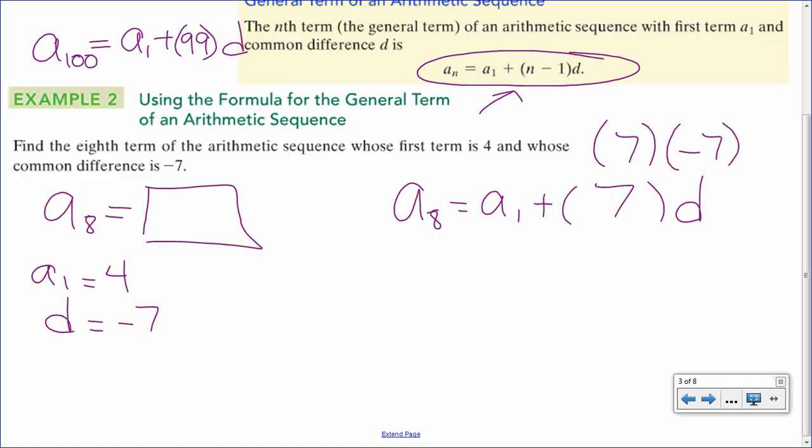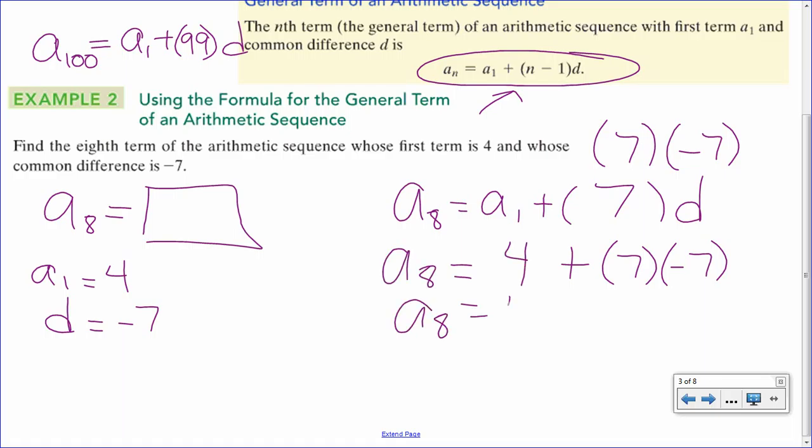Okay? So, let's substitute. So this will be that, and then negative 7 plus, and then the first term was a 4. So we have 4 minus 49, negative 45. Thank you.